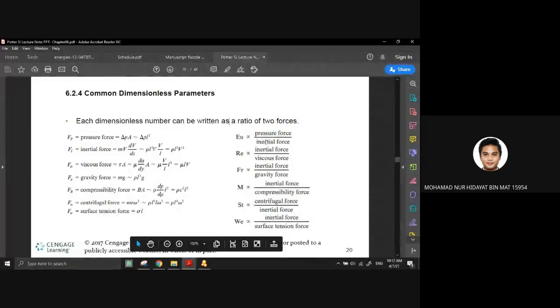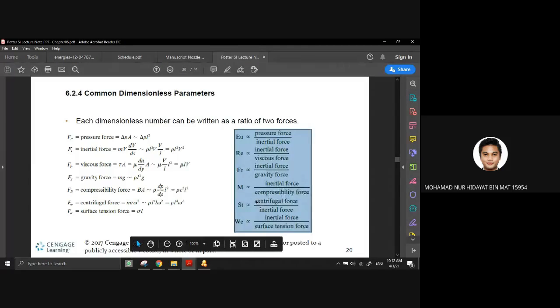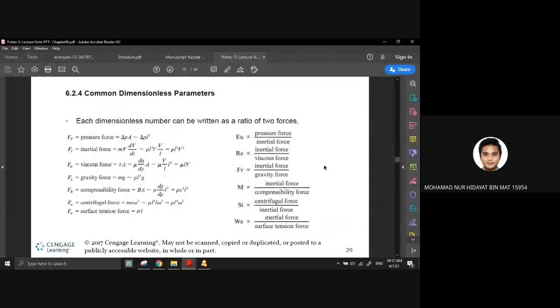So we can say that the Euler number is influenced by the pressure force. The Reynolds number is influenced by viscous force, the viscous effect. The Froude number is influenced by gravity. The Mach number is influenced by compressibility. The Strouhal number is influenced by centrifugal force. And lastly, the Weber number is influenced by surface tension. That's it. Very simple.